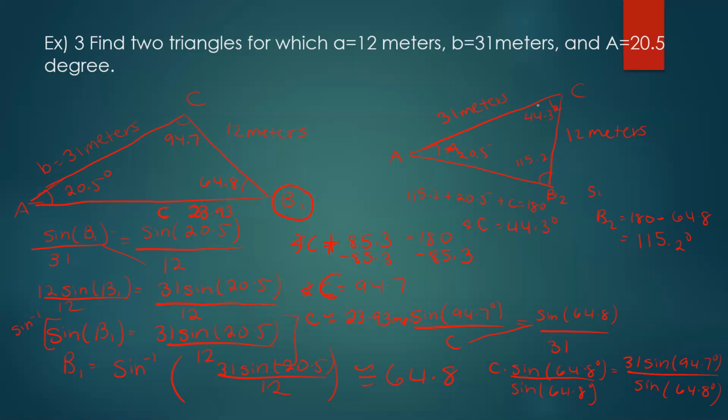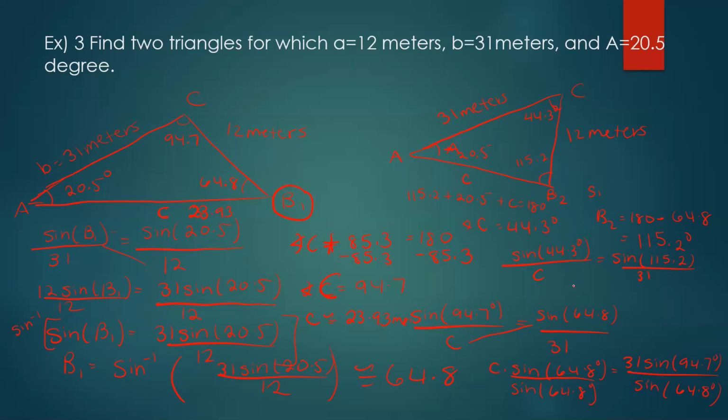So now that we have that, what are we going to do next? We are missing a side length, we're missing small c, right? So let's find that. To find small c, you're going to use the law of sine. So you could do sine of 44.3 over small c equals sine of 115.2 over 31.